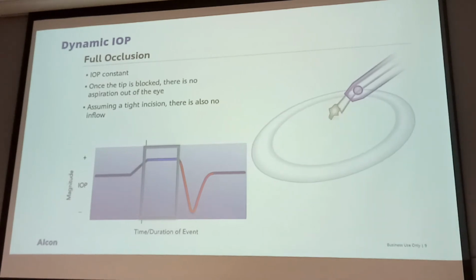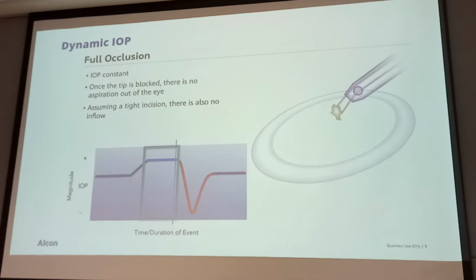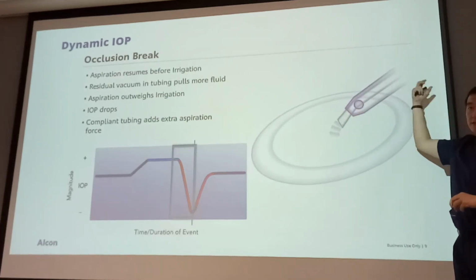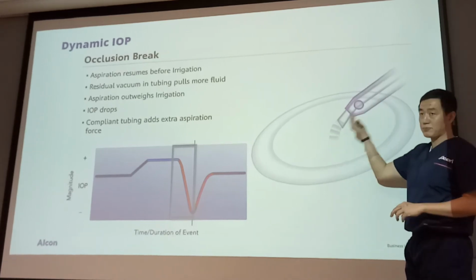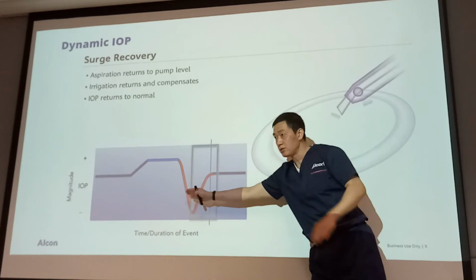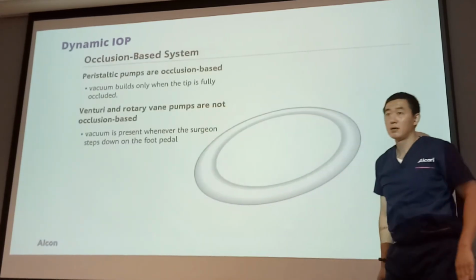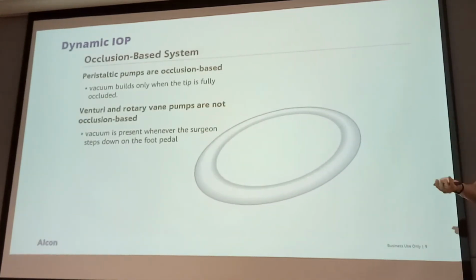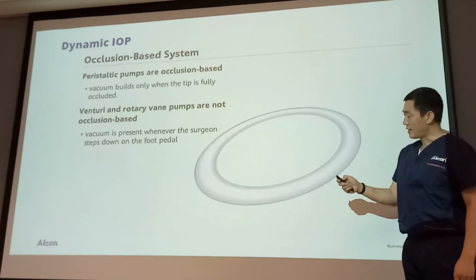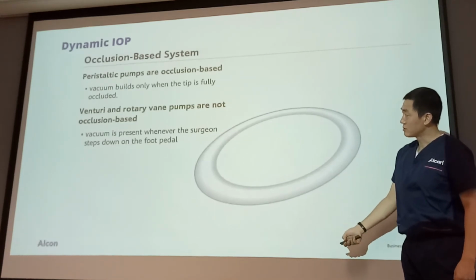Less aspiration, the same pressure from irrigation. We hold for a while, and then the nucleus is emulsified and disappears. Then aspiration becomes more, so the anterior chamber pressure dropped, because the nucleus disappeared and we aspirate new liquid. So the pressure is lost. We call that surge.